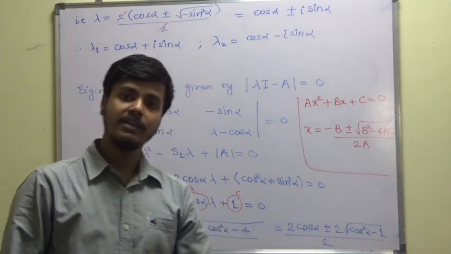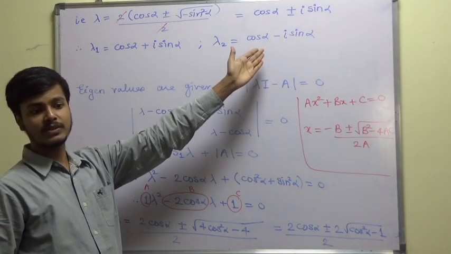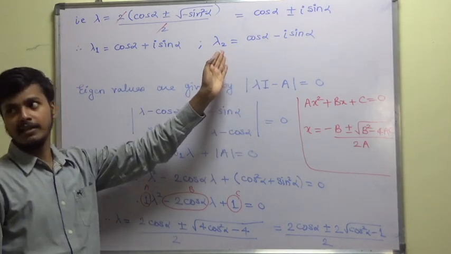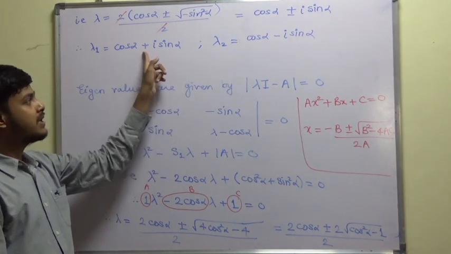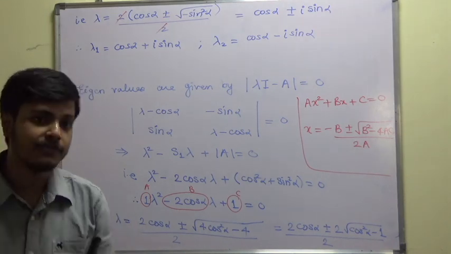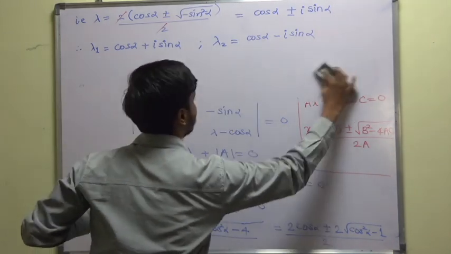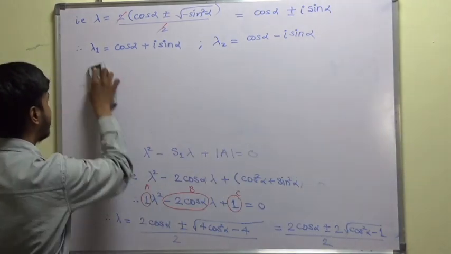The roots are distinct, different eigenvalues, plus and minus. So we have distinct eigenvalues, and if the eigenvalues are distinct, we can apply Sylvester's theorem. So this completes step number 1.